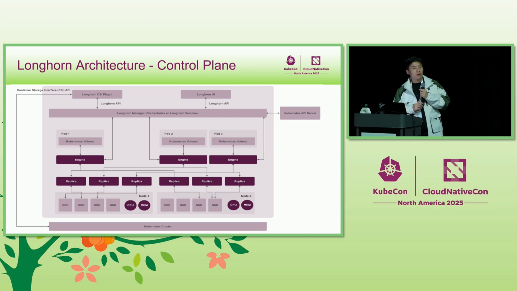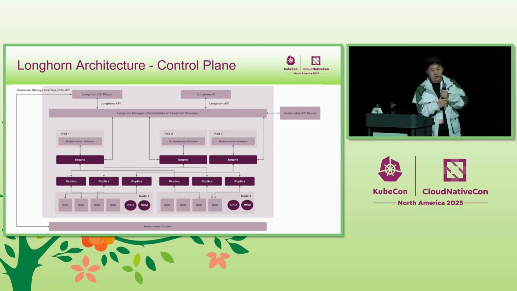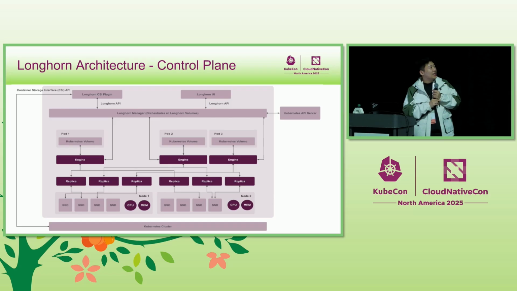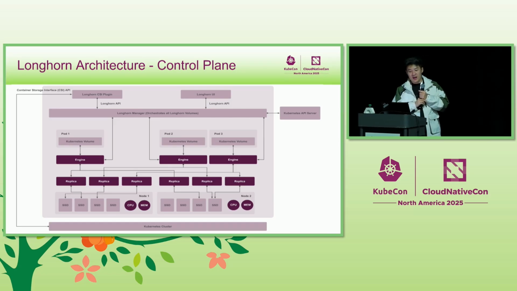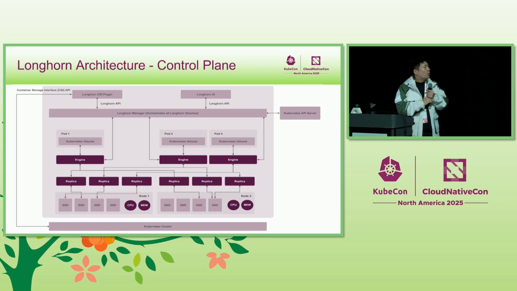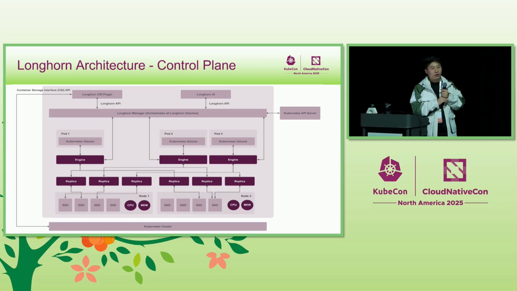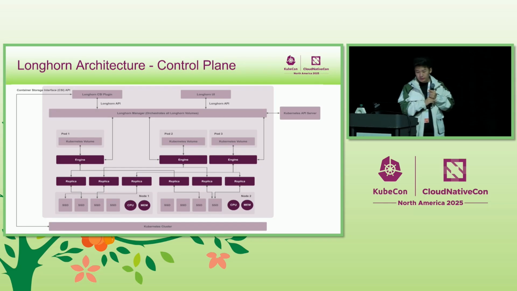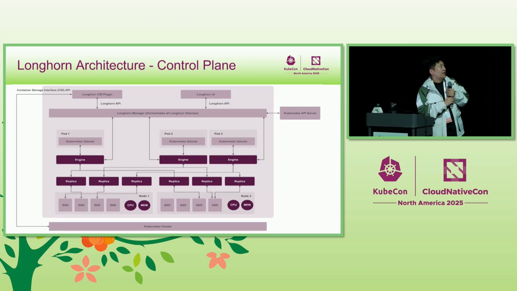Then this plugin will forward the request to Longhorn Manager, which is an orchestrator between Kubernetes and Longhorn internal resources. Then this Longhorn Manager will ask the underlying component to provision one engine and a bunch of replicas on multiple nodes for each volume. Then that's the basic architecture in the control plane.